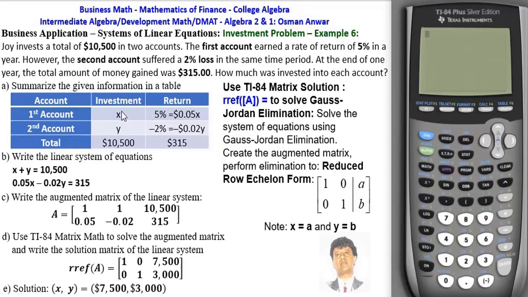The total invested was x plus y is 10,500, and the return is the total 315.